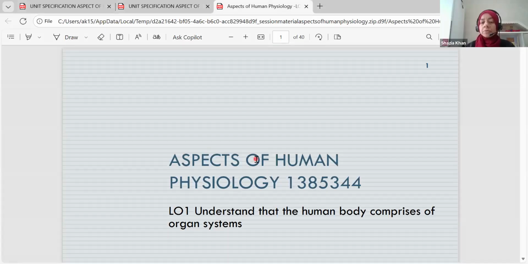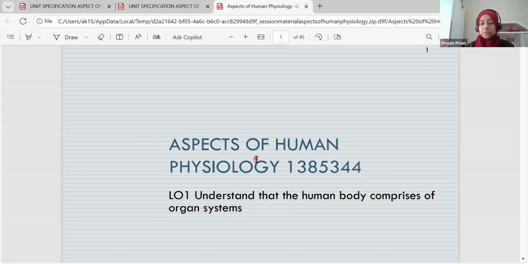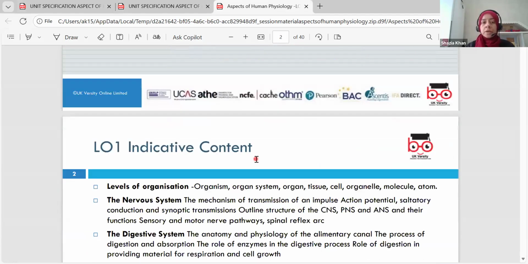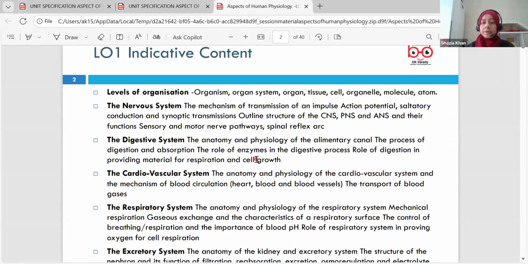The first learning outcome is to understand that the human body comprises of organ systems. Our whole system is made up of organs and organ systems. The levels of organization are various. We have the nervous system, the digestive system, the cardiovascular system, the respiratory system, the excretory system.